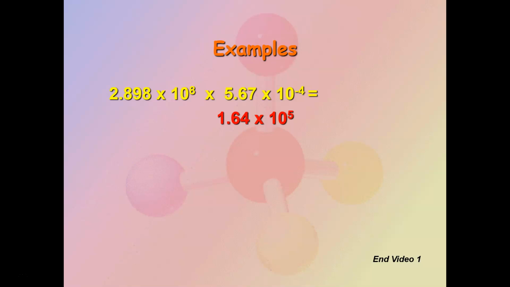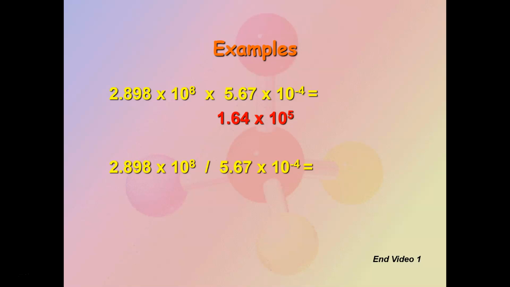When you enter it in your calculator, it's going to give you this big number, but we should be able to round it to 1.64 times 10 to the 5th. Now, some of you are wondering, what if I didn't put my answer in scientific notation, Miss Hinkson? Now, if I didn't say you had to, you could have made it 164,000, and I would have still given you credit. But if I said answers must be in scientific notation, you have to put it in scientific notation.